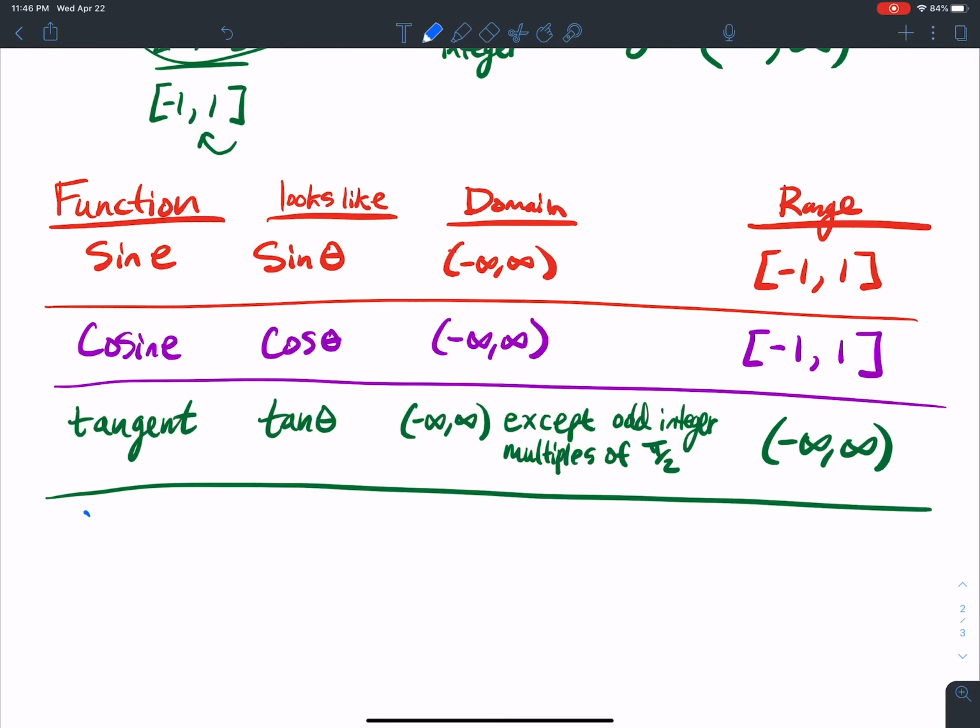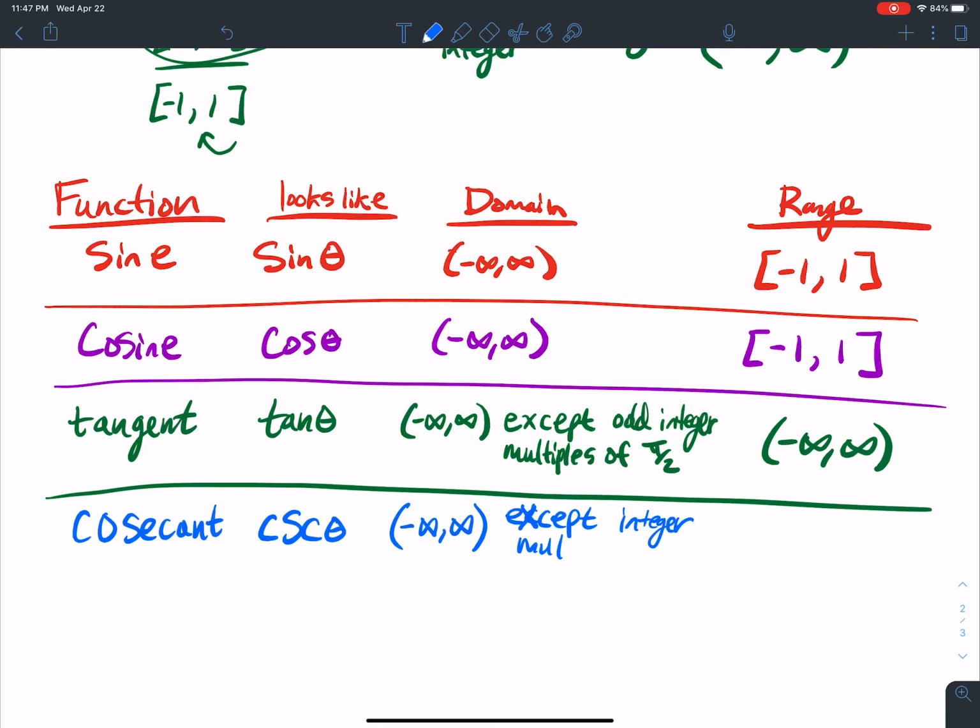Next up is the cosecant. What does it look like? CSC theta, okay, cosecant. So what's going on here? This is all real numbers, except, okay, except what? Integer multiples of what?